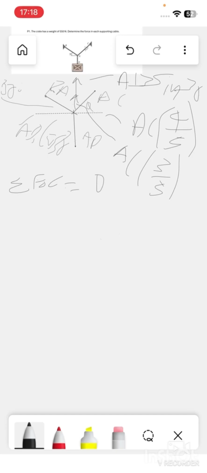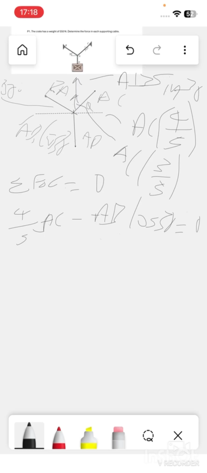Therefore, we start with 4 over 5 AC minus AB cos 30, and they are both equal to 0.